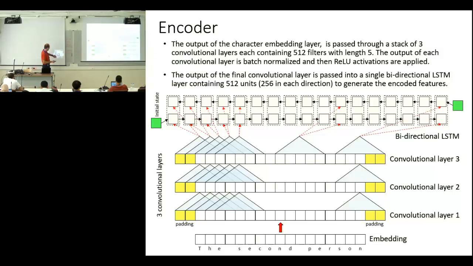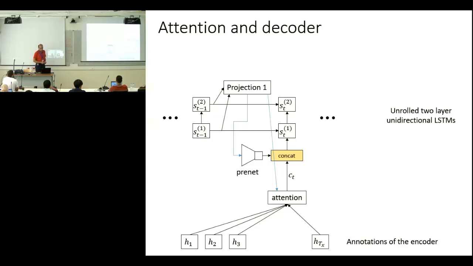And this is the high-level view of the encoder: the convolutional layers and the bidirectional LSTM. I think one good programmer can very easily implement the encoder of the Tacotron. It's not that difficult. The attention and the decoder are slightly more difficult to implement and understand.